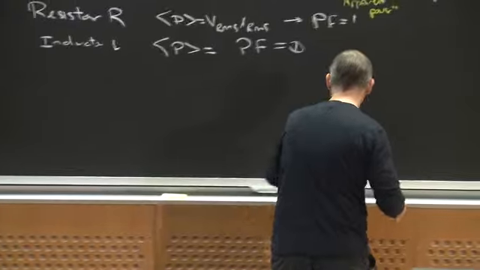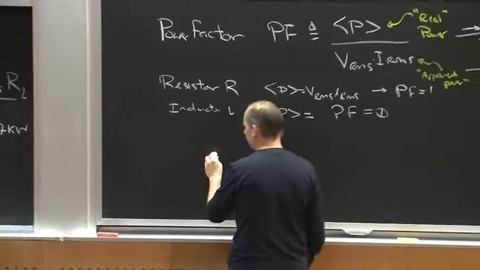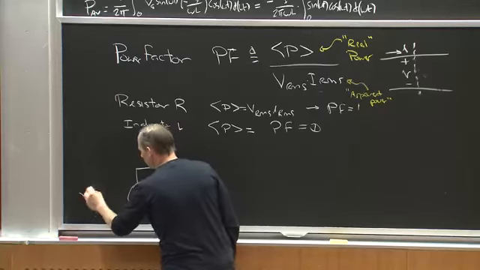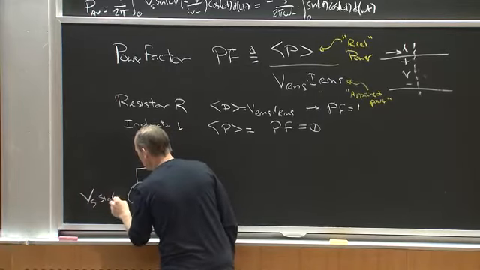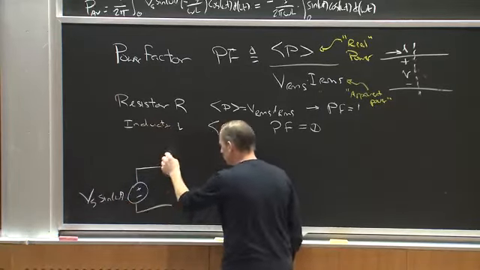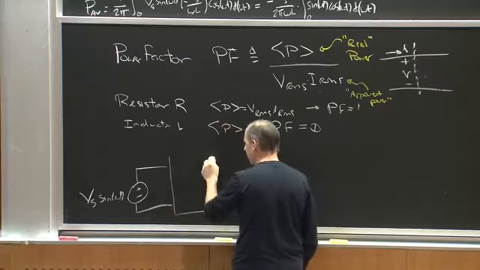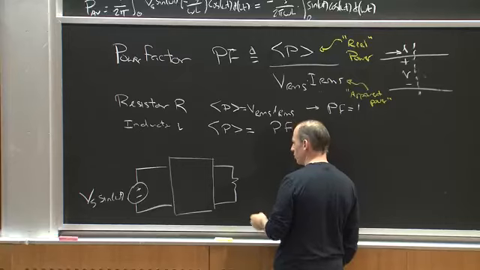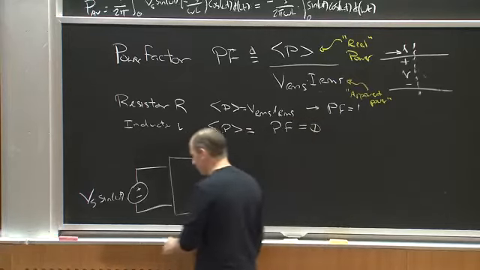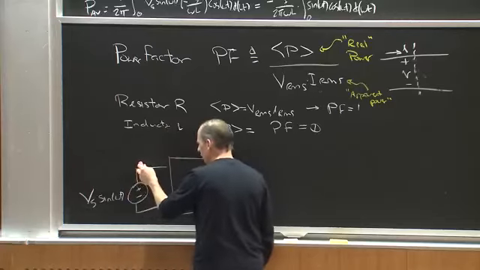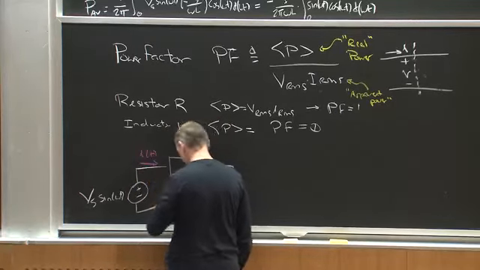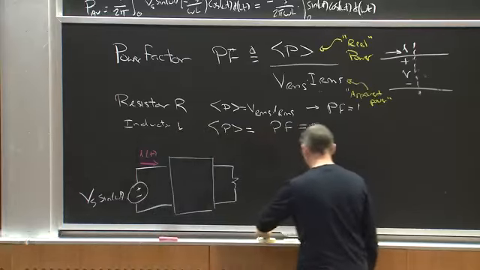I'm going to hook up to some AC voltage source, a sinusoidal voltage source, coming into some rectifier, and I'm getting some output current, which is ideally DC. Let's talk about the current drawn from the rectifier, I of t. What does that look like?